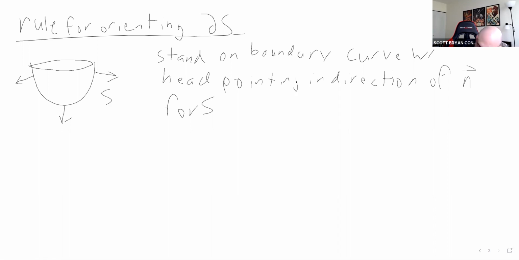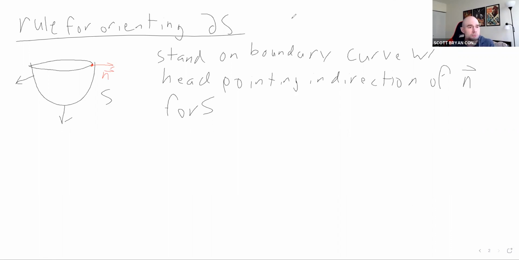Let me erase this. Suppose we're standing at this point on the boundary here. We're going to stand so that our head is pointing in the direction of the unit normal vector.